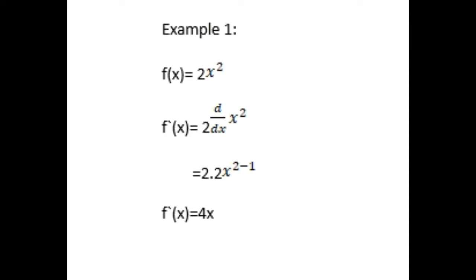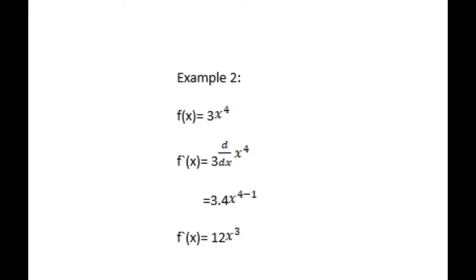So, f prime of x equals 2 d over dx x squared. And then, we apply the constant multiple rule. The constant here is 2 and the function is x squared. So, f prime of x equals 2 times 2x to the power of 2 minus 1. The final answer is f prime of x equals 4x.